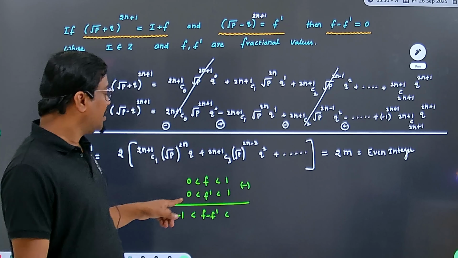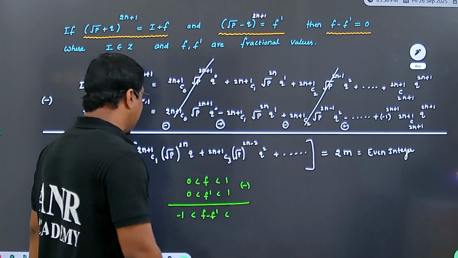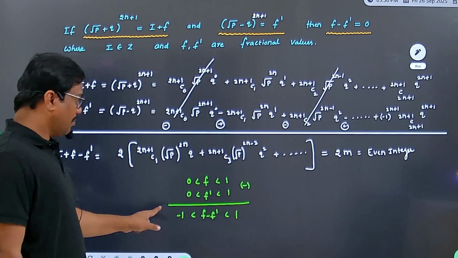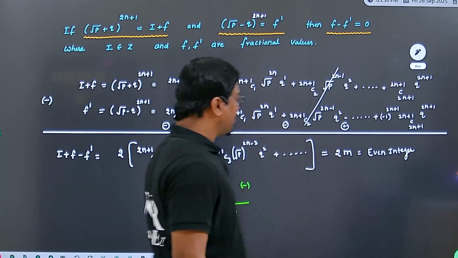Next, suppose f is 1, f dash is 0, then the difference is at most 1. And here it is an even integer.